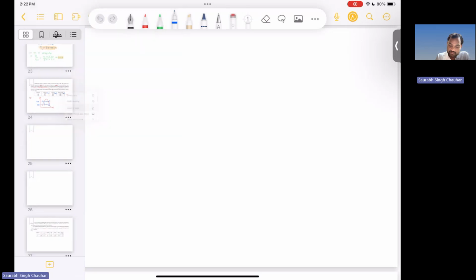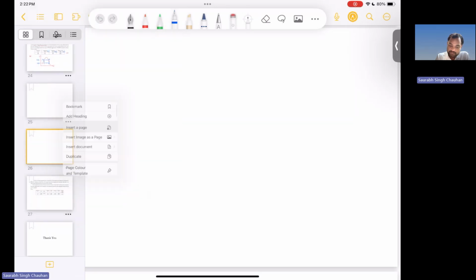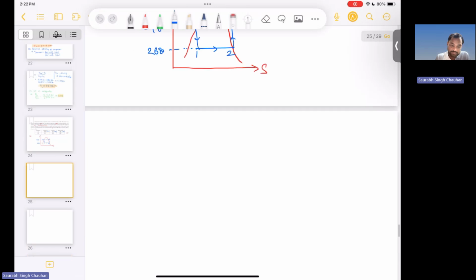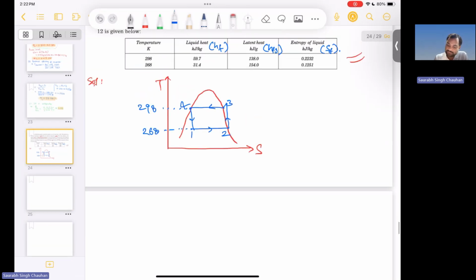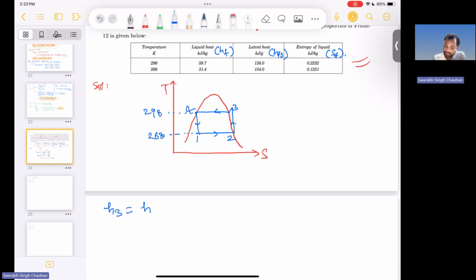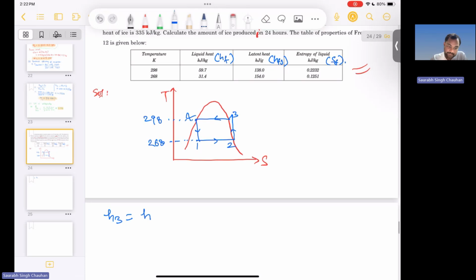Some values are given, some values we need to calculate. So we'll calculate the missing values and then we'll proceed. For example, H3, enthalpy at point 3 we will need. Okay, so this will be calculated from the table.